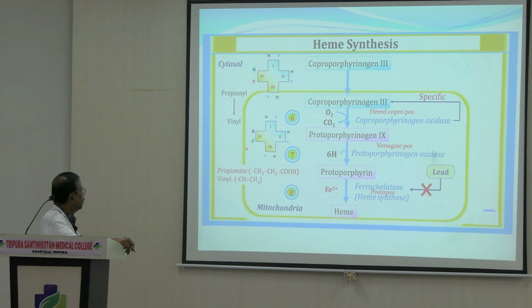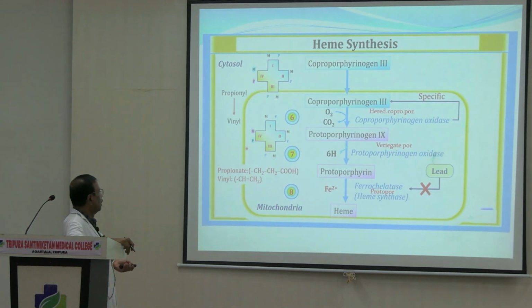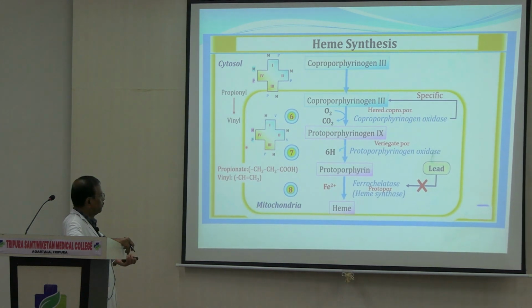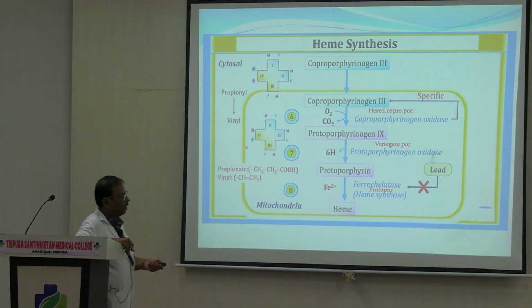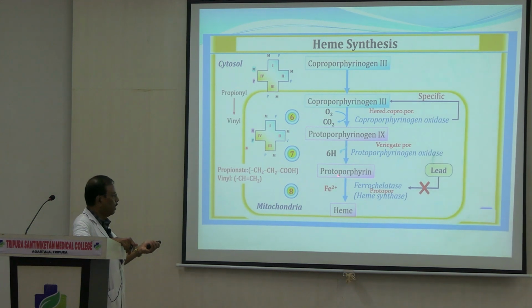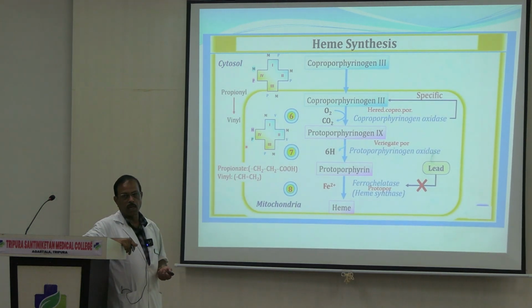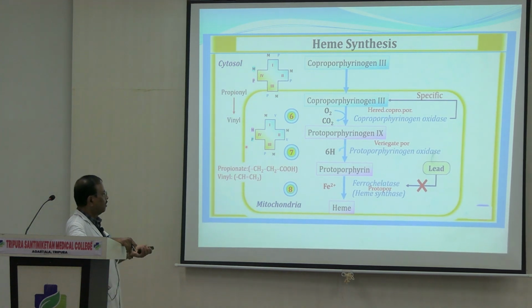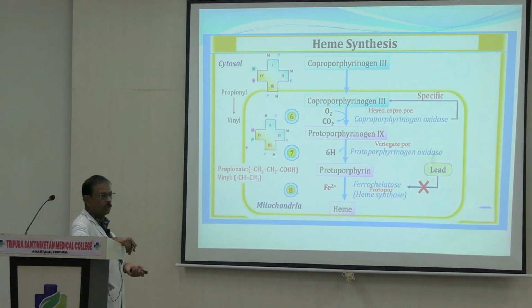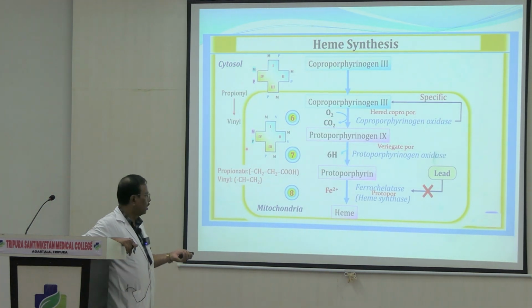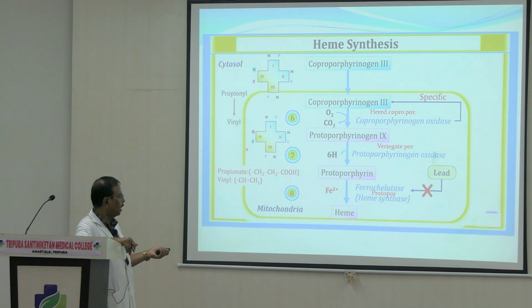This will introduce double bonds in the ring structure and make it possible to produce color. After that, it is the ferrochelatase which will incorporate iron in the ferrous form into the protoporphyrin ring and produce heme.